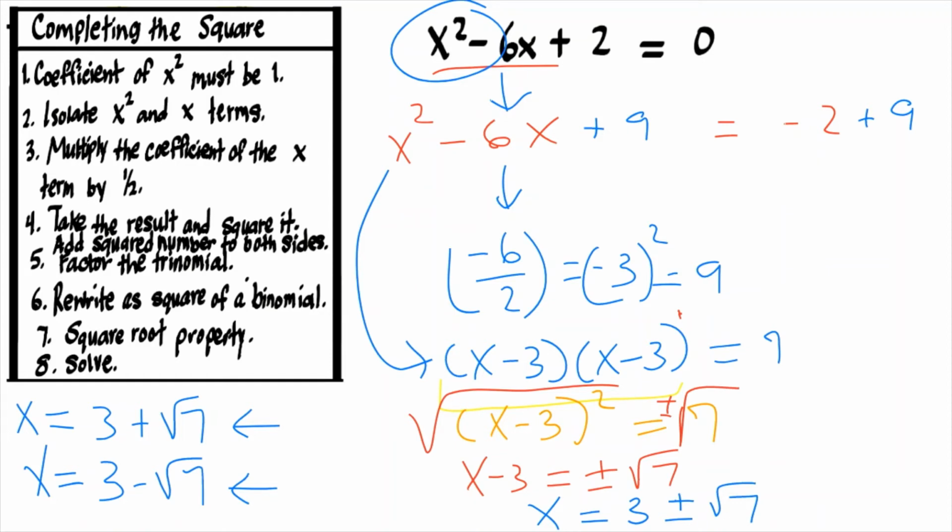The two binomials are identical at this time, so I can rewrite it as the quantity x minus 3 squared. And then in order to solve for x and get x not to be wrapped up in that square, I take the square root of it. And if I take the square root on one side, I take the square root of the other side also. And then I just solve for x.